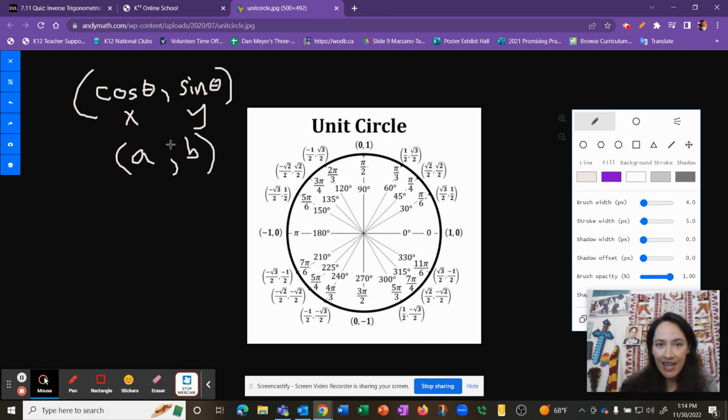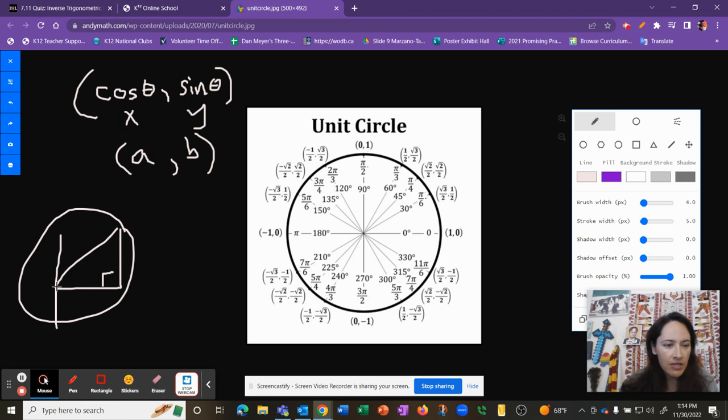Notice why this happens. When we set up our imaginary triangle and radius, if this was our circle over here and this was the x and the y, when the radius is 1, in our lesson 707, we had this idea that the cosine of theta was equal to a, the x value, over r, the value of the radius.